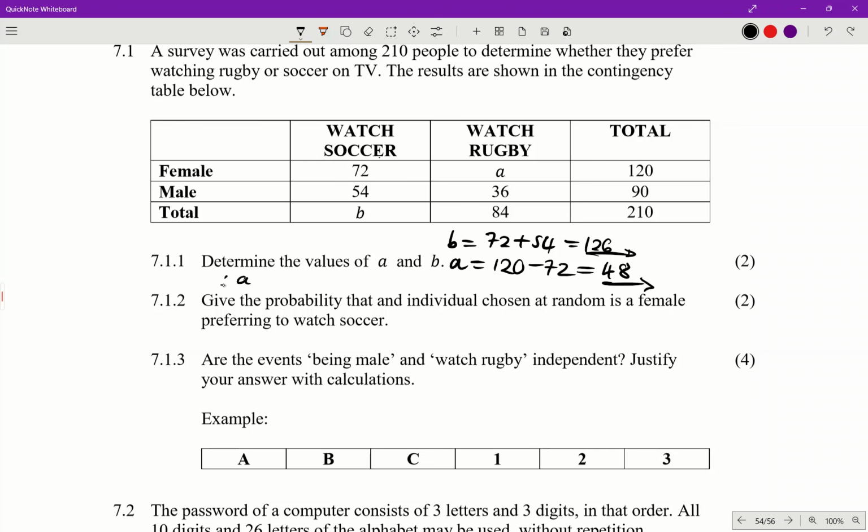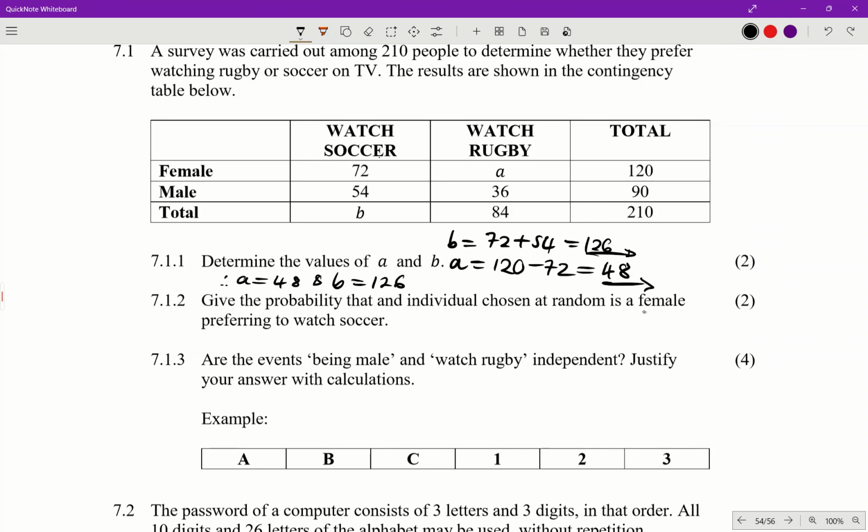So A is 48 and B is 126. Give the probability that the individual chosen at random is a female preferring to watch soccer.